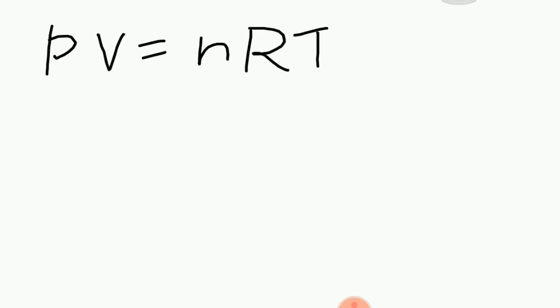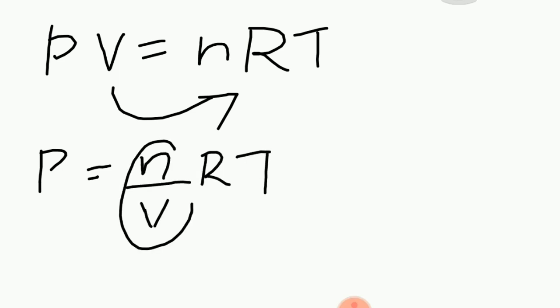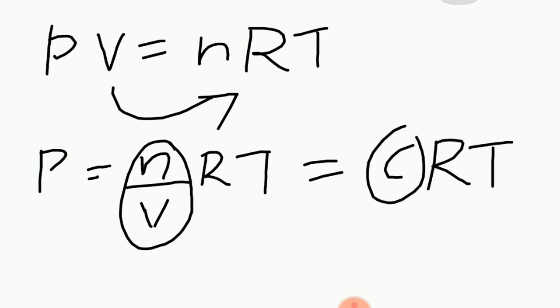According to the ideal gas equation, we have PV is equal to nRT. So we are taking V to this side and P will be equal to n by V into RT, where n by V is a concentration term, that is, its molarity. So we can write it as CRT, where C denotes the concentration term.